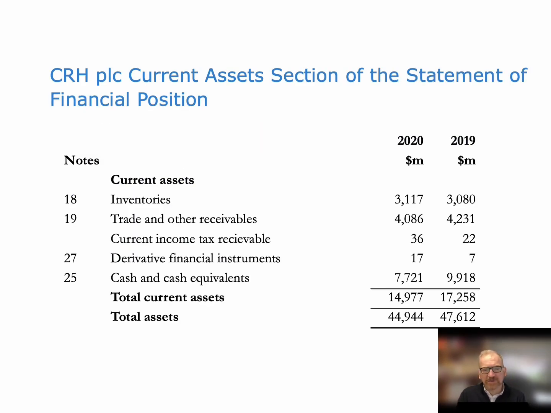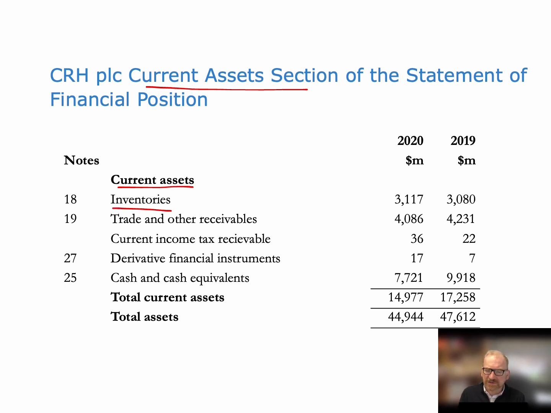So let's have a look at CRH's current assets section of the Statement of Financial Position, or the balance sheet. So these are current assets. These are short-term assets. These are expected to turn over within about 12 months. So it's a little bit more complex than that, but that's a general rule of thumb that they're short-term assets.